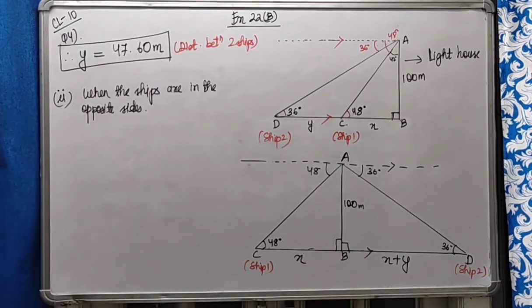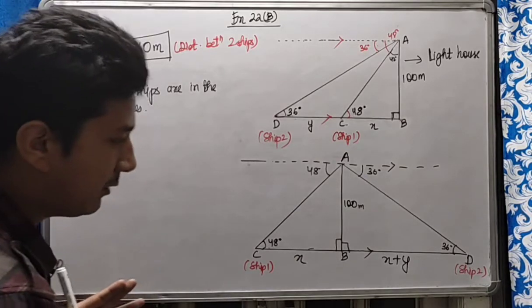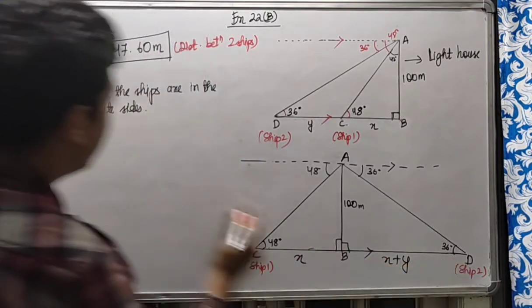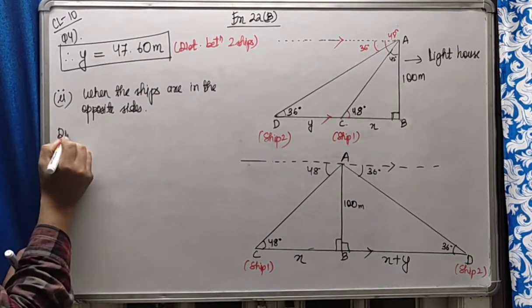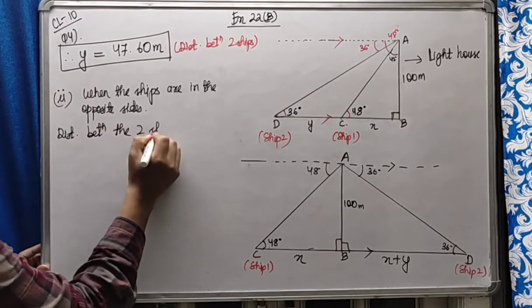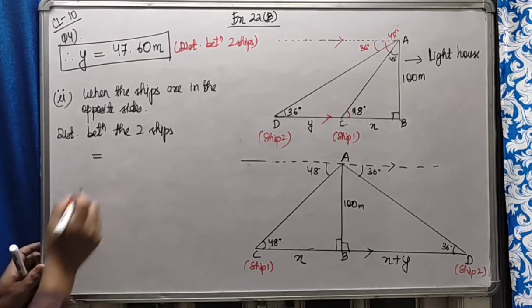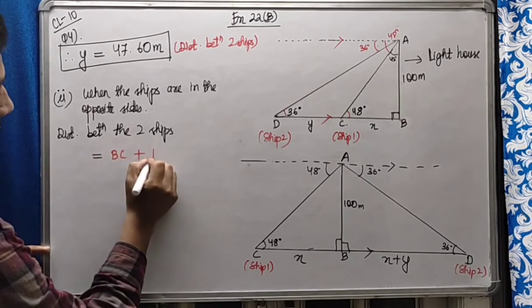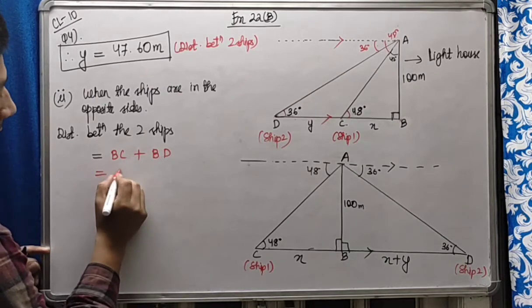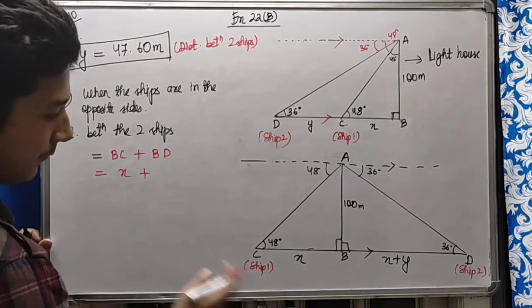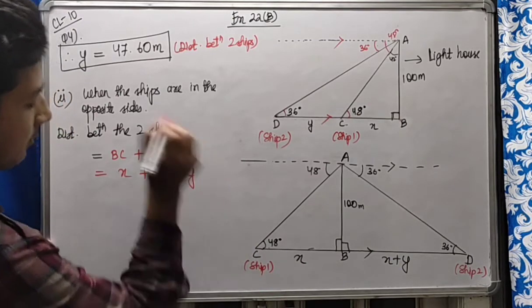In case number 2 also we need to find the distance between the two ships. The distance between the two ships is BC plus BD. BC is x and BD is x plus y.